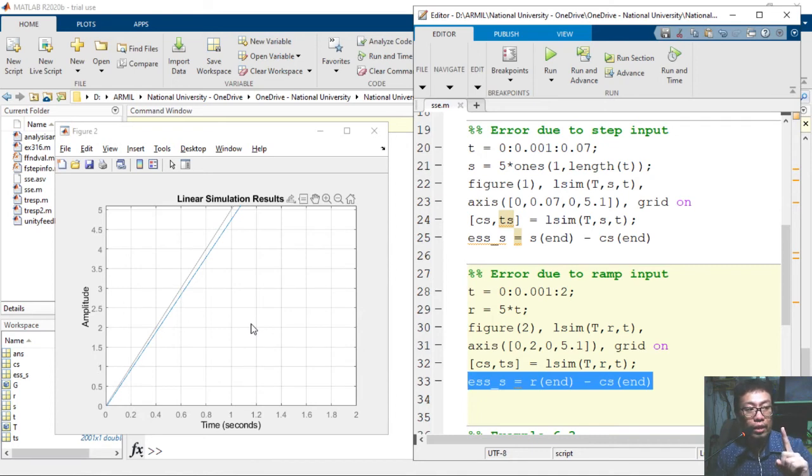So yung dalawang lines nyo, yung input nyo tsaka yung output niyo magpapatong. Okay, so that means zero yung error niyo. Yung second possibility na parallel sila, hindi sila magkapatong, hindi sila coincident, pero parallel sila. So in that case, finite yung error niyo. At yung pangatlong case na hindi parallel yung input niyo tsaka yung output niyo. So in that case, that should return an infinite error.